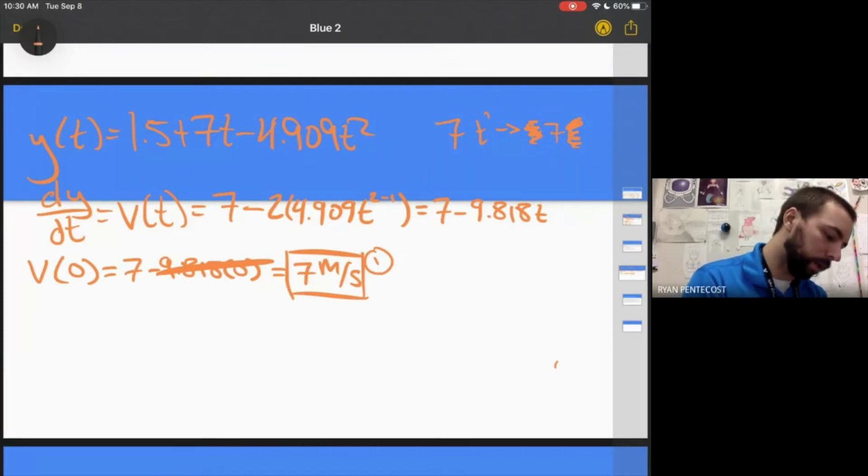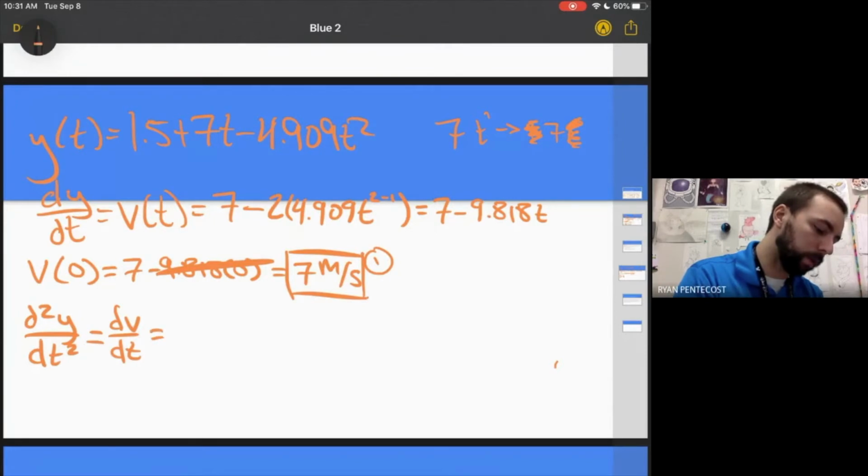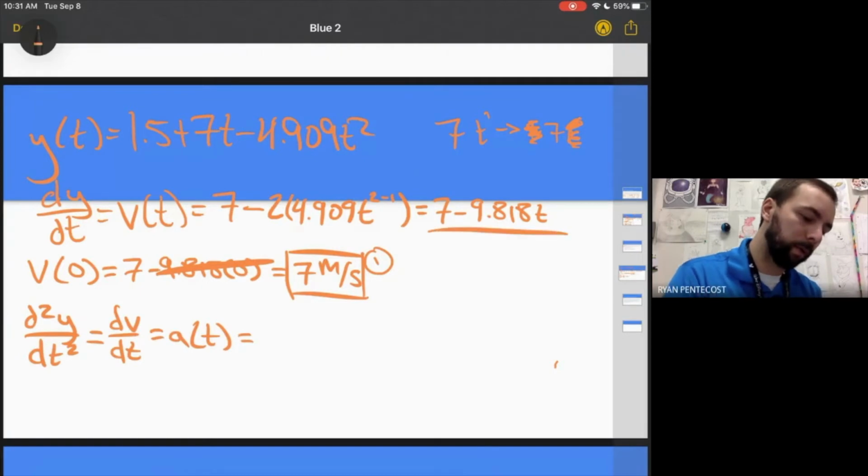So d squared y over dt squared would also be dv over dt, right? Take the derivative of velocity with respect to time, and that gives you acceleration. Remember, the derivative of a constant is 0, so that 7 goes away.